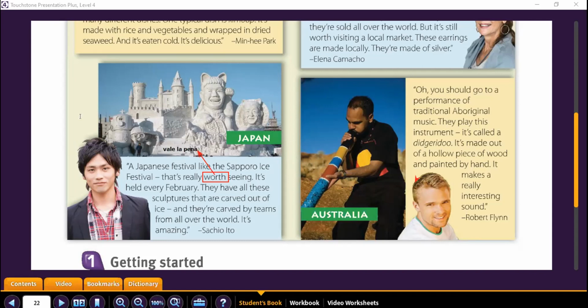It's held. Aquí tenemos el pasado de un verbo irregular. The hold. Se mantiene todo. Más que se mantiene sería, let me check the right. Se lleva a cabo o se desarrolla, podría ser.